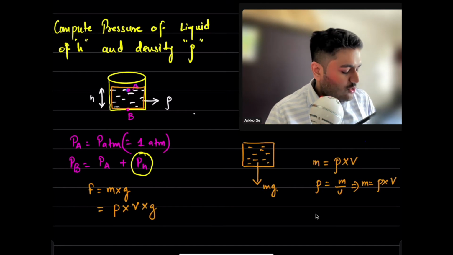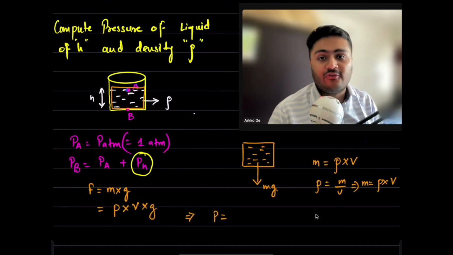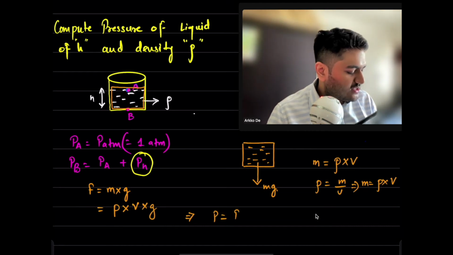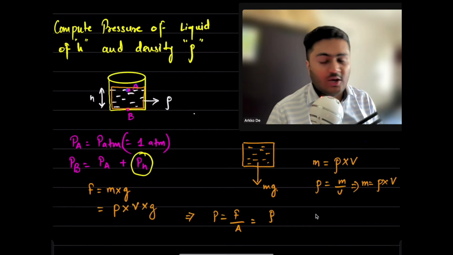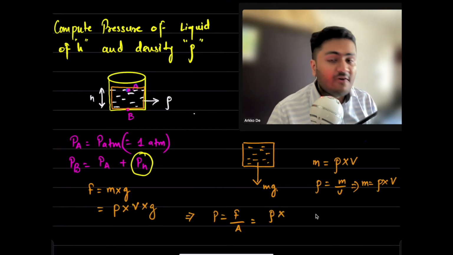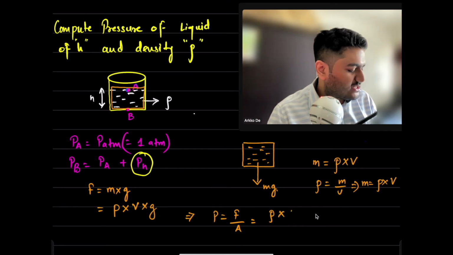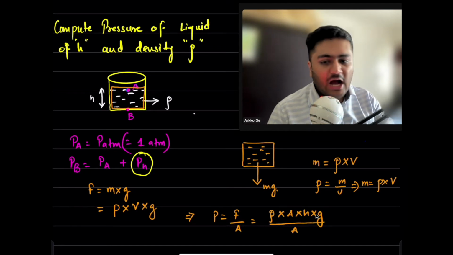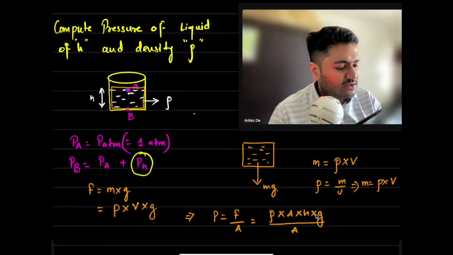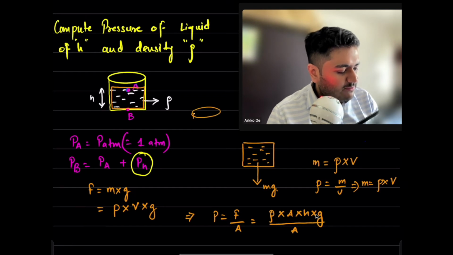Alright, now in order to compute pressure, I need to divide force by area. So force becomes density of the liquid multiplied by volume. Volume could also be written as area multiplied by height. How is the volume of a vessel area multiplied by its height?